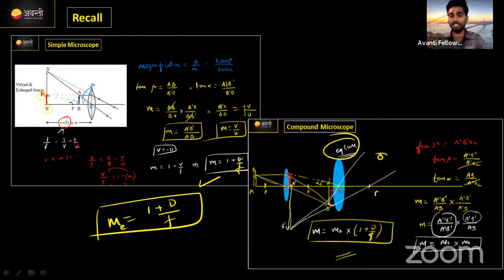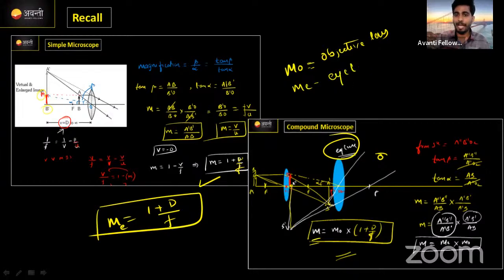Total magnification को कितना आया था? M is equal to m naught into m e. M naught, or else Mo, is nothing but the magnification for the objective lens. This is the objective lens, correct now? And then me, I told you, is the magnification for the eye lens, right? It's a product. Total magnification क्या होता है? M is equal to mo into me.